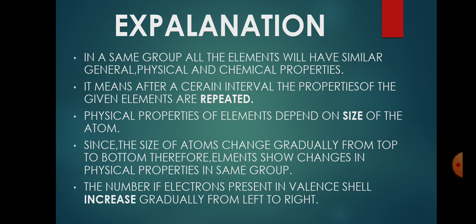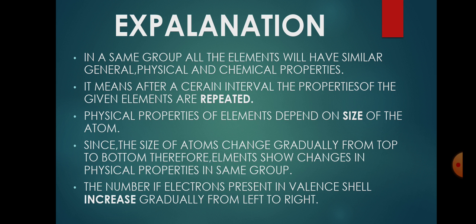Like for example, when we move from top to bottom in a group, the addition of new shells occurs in the same group. When the addition of the shells occurs in the same group, the atomic size or the size of an atom also increases, because more and more shells are added.